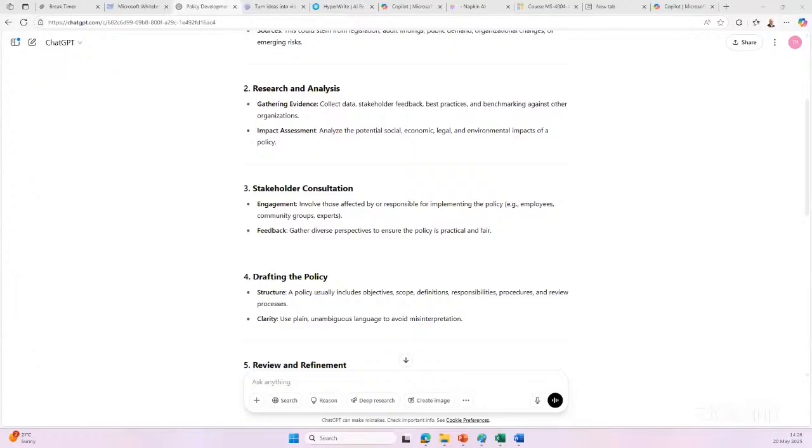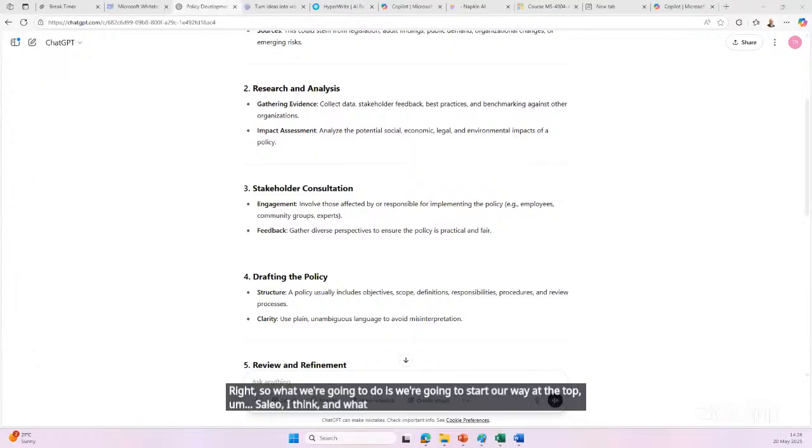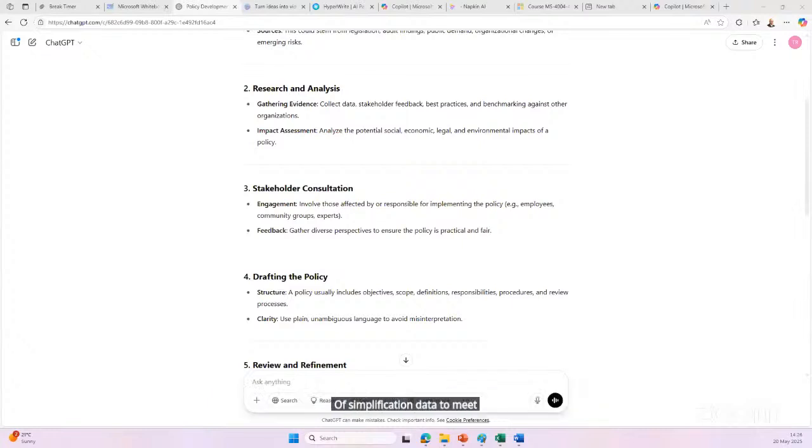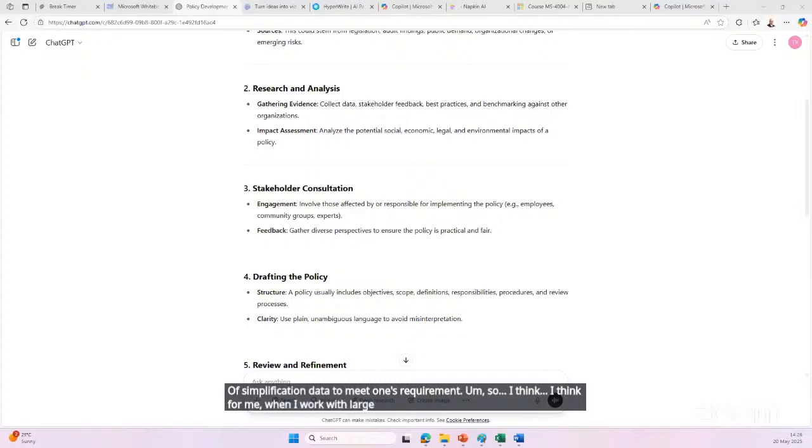Salelo, I think, asks: what analysis technique do you use to manipulate big volumes of data sources for ease of simplification to meet one's requirement? So for me, when I work with large volumes of data, there's a very simple technique.